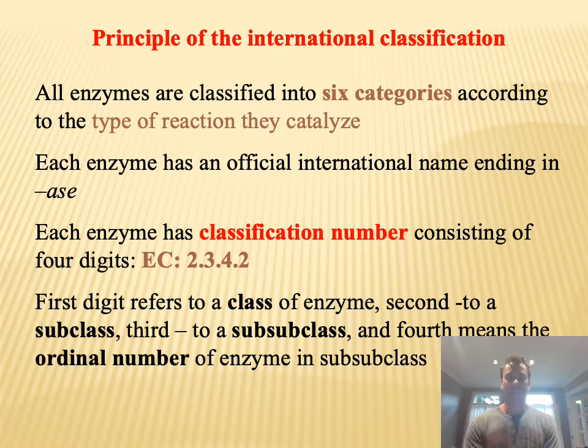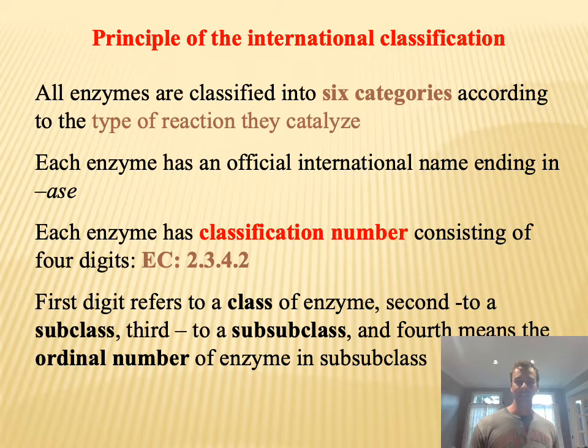So as I mentioned, all enzymes are classified into the 6 categories according to the type of reaction they catalyze. And it has an official international name ending in this "ase," but a lot of the times they use these common names. There are also enzyme classification numbers. You may have seen enzymes with EC numbers. And basically the first digit refers to the class of the enzyme. So this would be a 1, 2, 3, 4, 5, or 6.